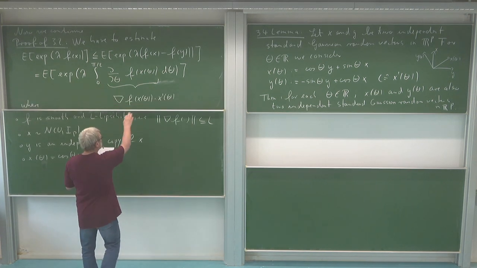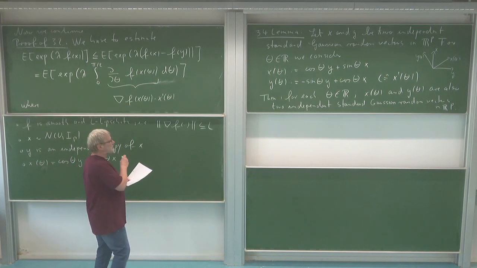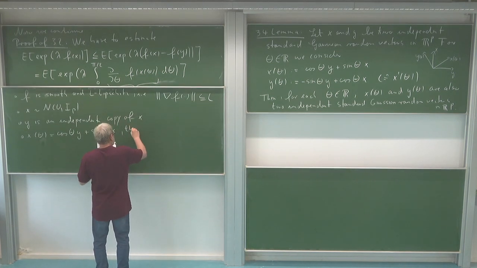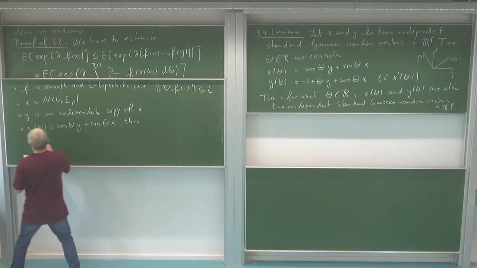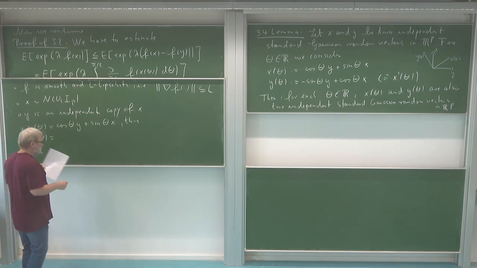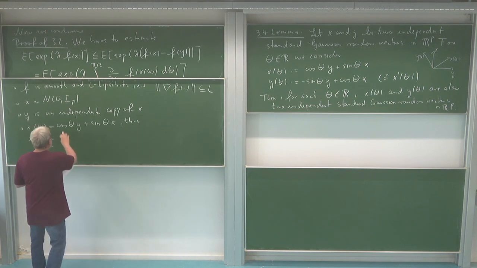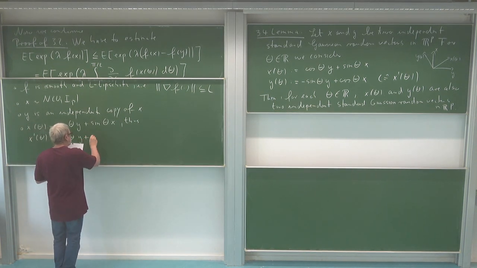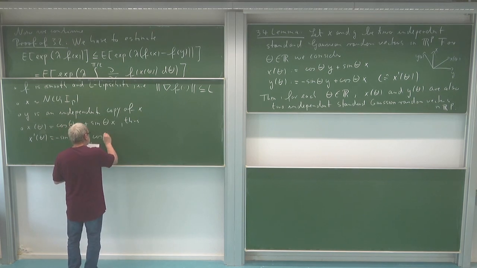But then we also need the derivative of this, which is exactly what I called y theta there. So I also have here the x prime of theta, the derivative with respect to theta, so the cosine becomes minus sine theta of y plus, and the derivative of the sine is cosine theta of x.